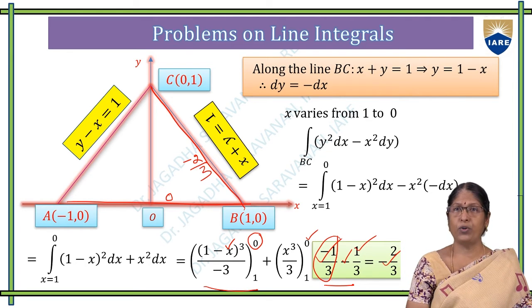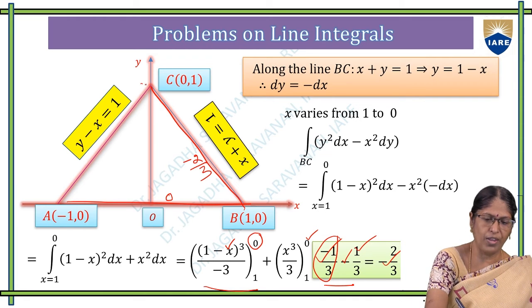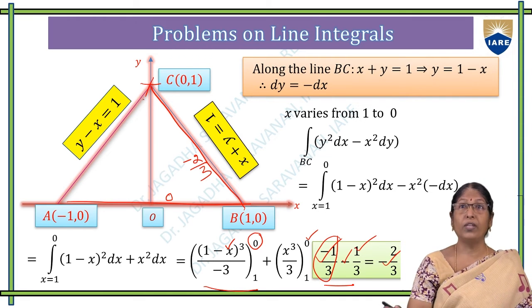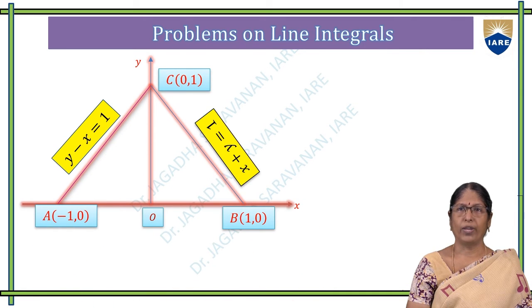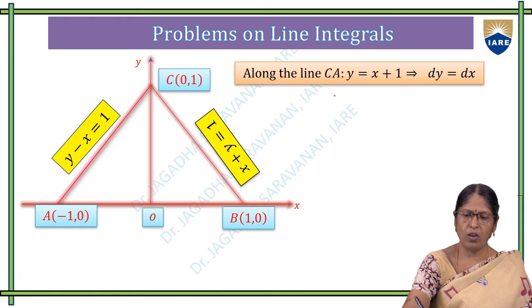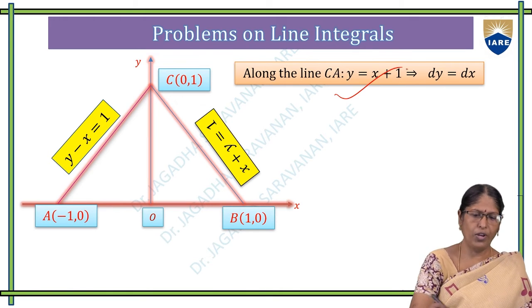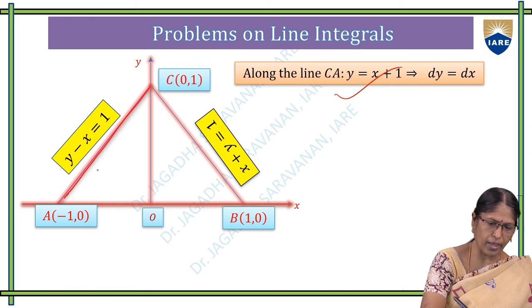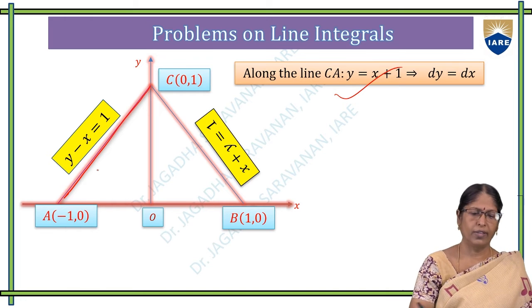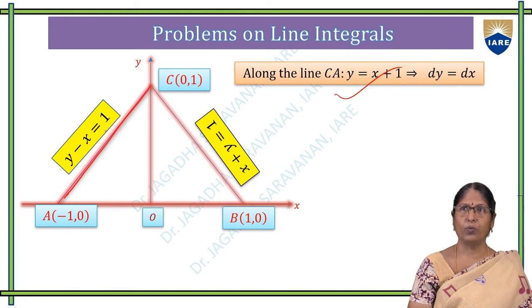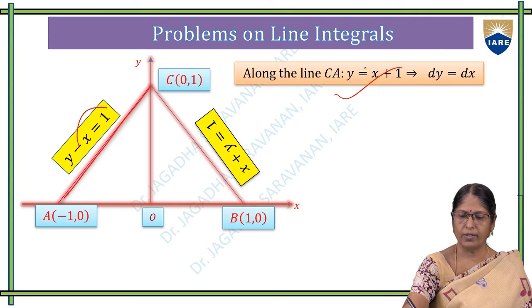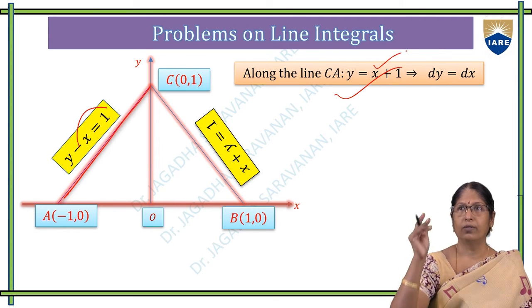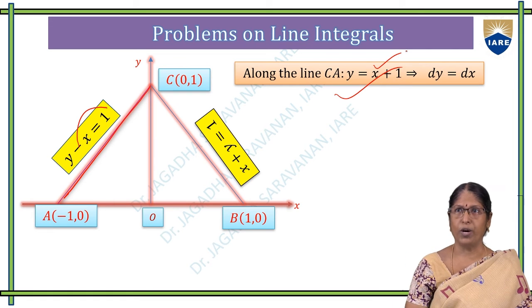Now the leftover side is, from C to A we are going to move. So we can see it here. Along CA, this is our equation of the line, that is y minus x equal to 1. Just minus x brought over here. That's what is written, y equal to x plus 1.